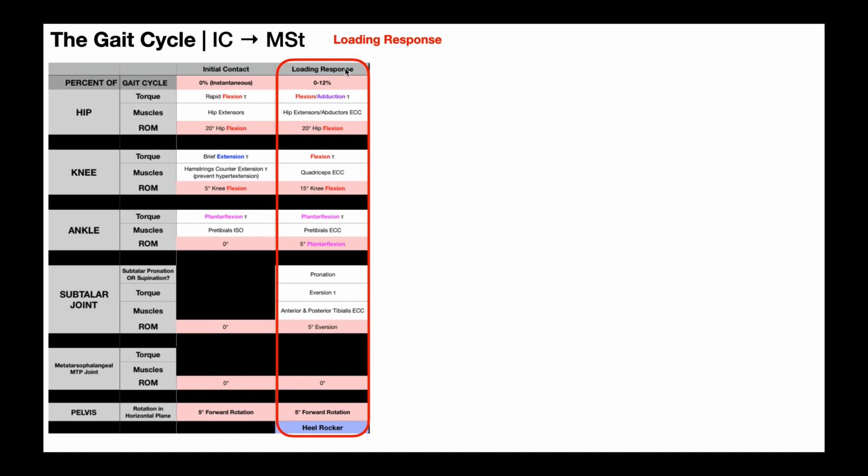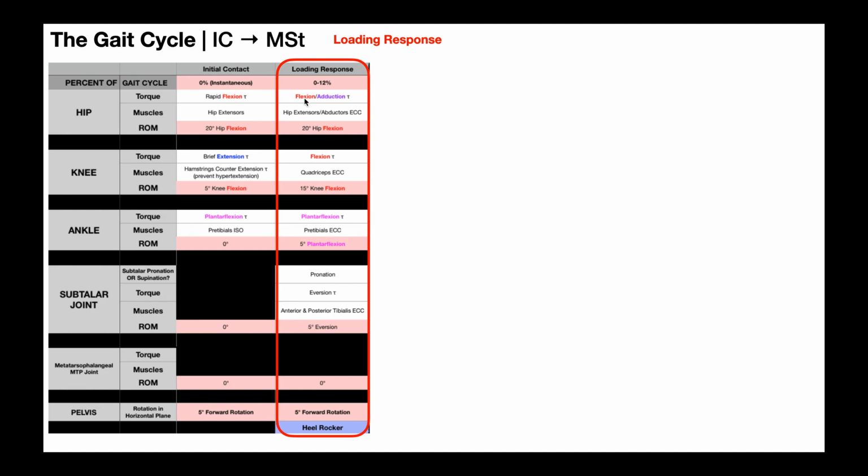So here's loading response. What's going on at the hips? So at the hips, there's really 2 induced gravitational torques. One's adduction at the hips. We're not going to concern ourselves with that one as much, but we still have this induced flexion torque at the hip. Now, what did we say about induced gravitational torques? Well, they're counteracted by reactionary torques, which are through muscles, right?